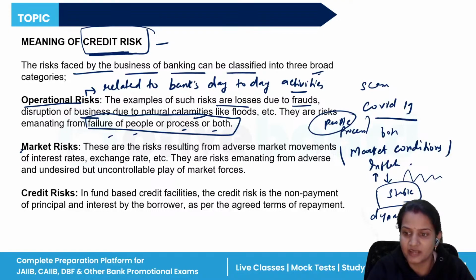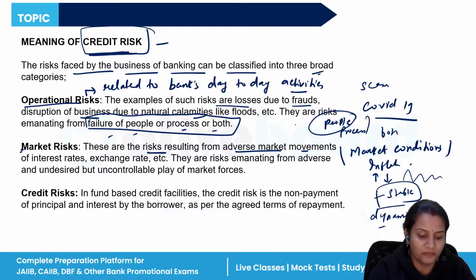We know that the market is dynamic, it keeps on changing every time. So we also have to be ready for the changes that are taking place in the environment, in the external factors. We need to adapt to that and be ready for that as well. So these are the risks resulting from adverse market movements like interest rate, exchange rate, inflation, deflation, recession, inflation targeting.